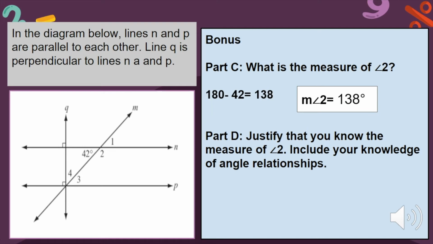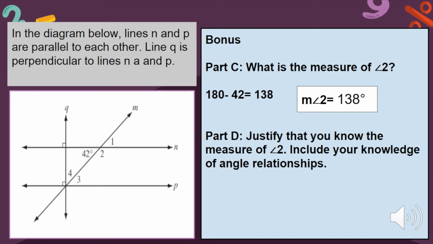D. I must justify that I know the measure of angle 2. As I stated earlier, angle 2 is supplementary to the 42-degree angle. Therefore, the difference between 180 and 42 is 138 degrees.